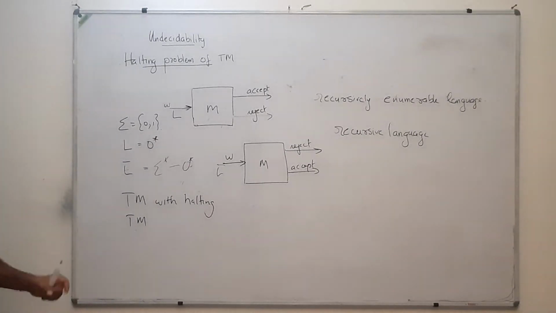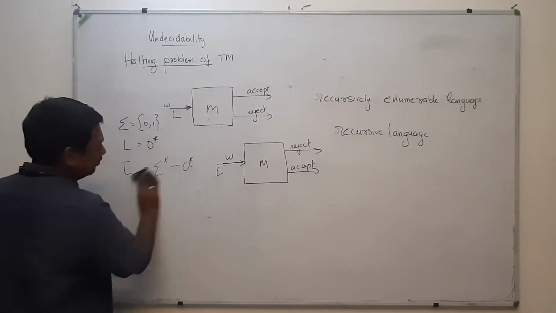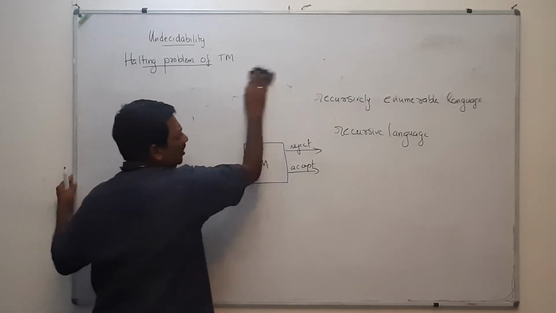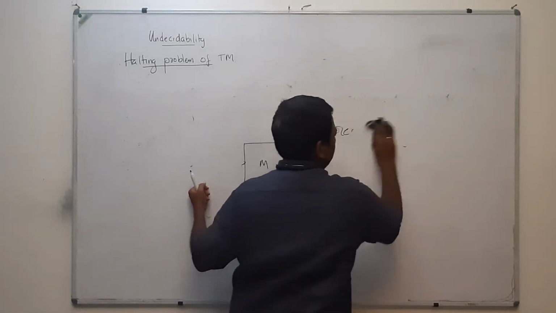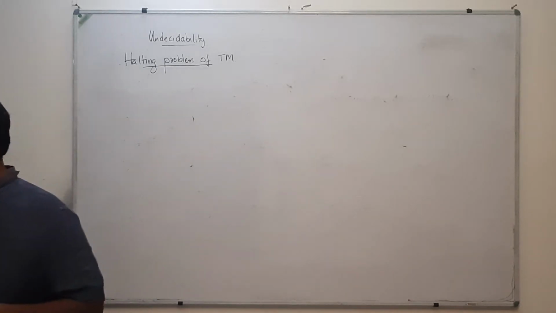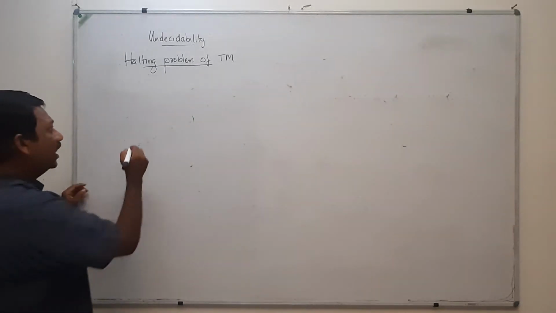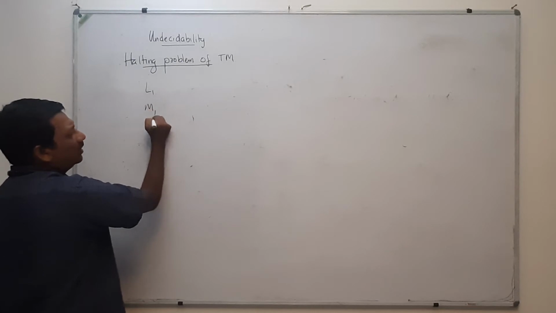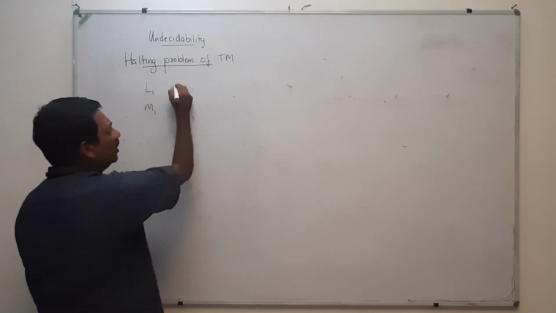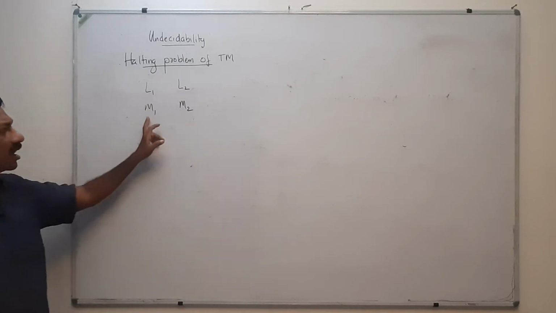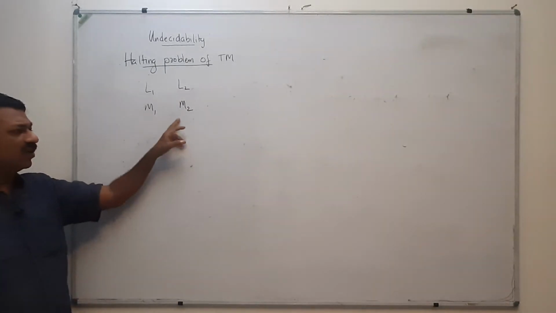Okay, now we are going to discuss the properties of the recursive and recursively enumerable languages. Suppose that you have a language L1 which is recursively enumerable, and M1 is the Turing machine for L1, and L2 is recursively enumerable, and the corresponding Turing machines are M1 and M2.